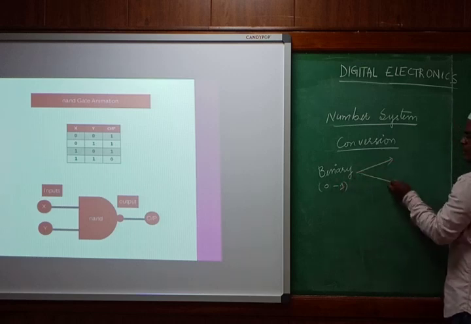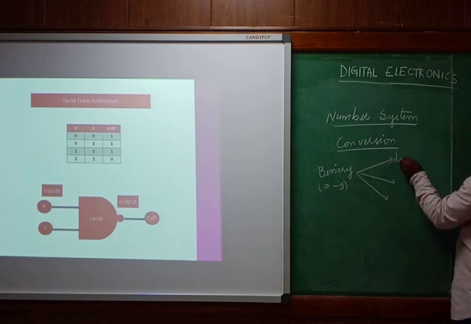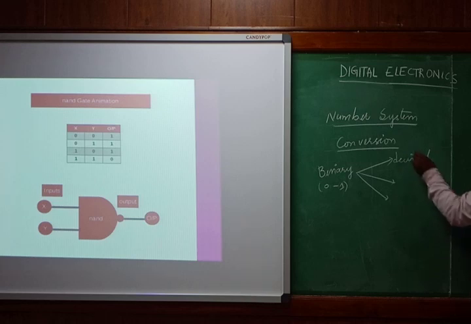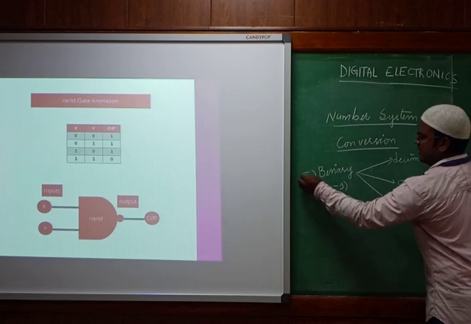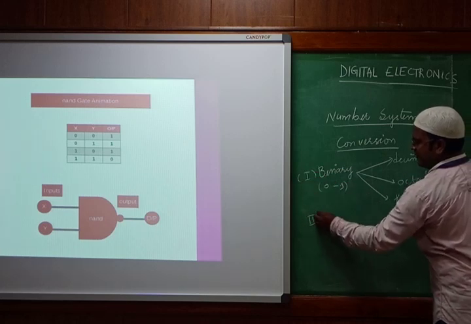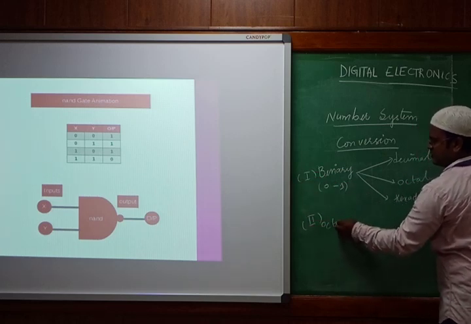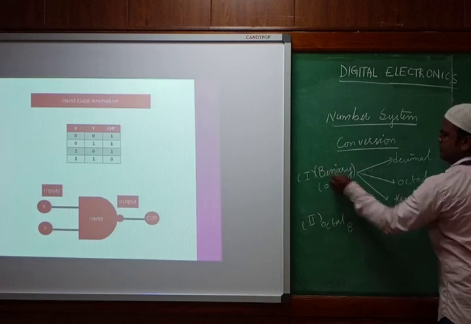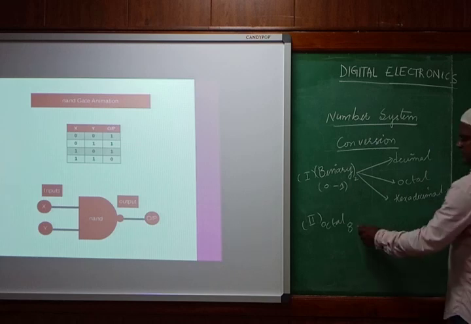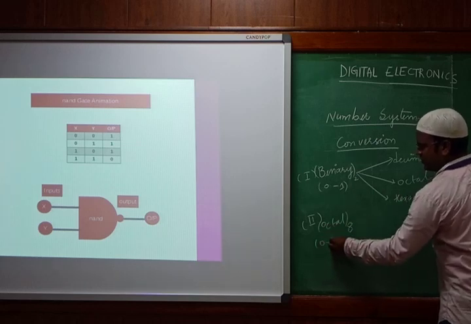How do I convert that number into decimal form, next octal form, next hexadecimal? Likewise, the second category is octal. What is the base of octal? The base would be 8, while the base of binary is 2. The octal range is from 0 to 7.